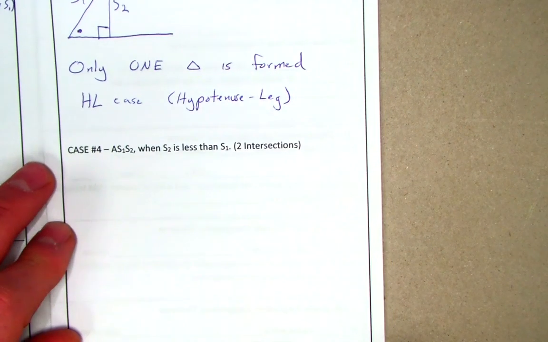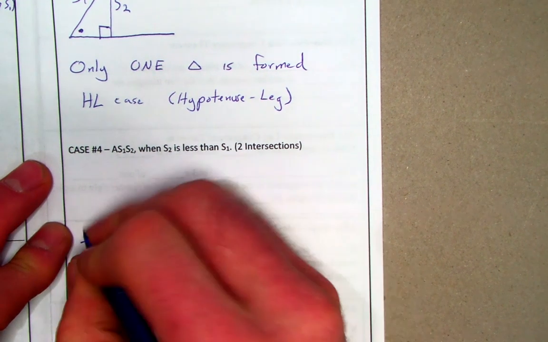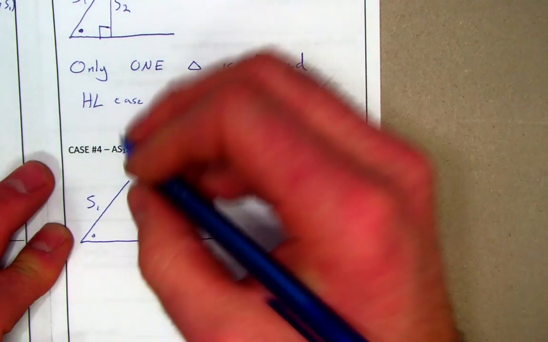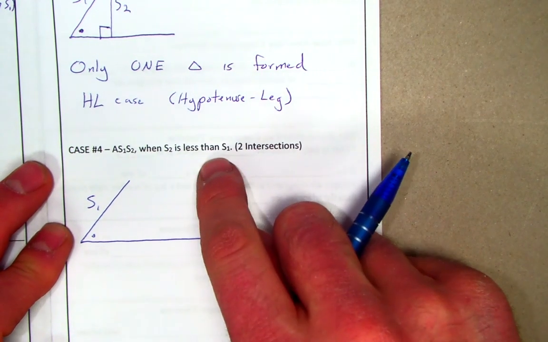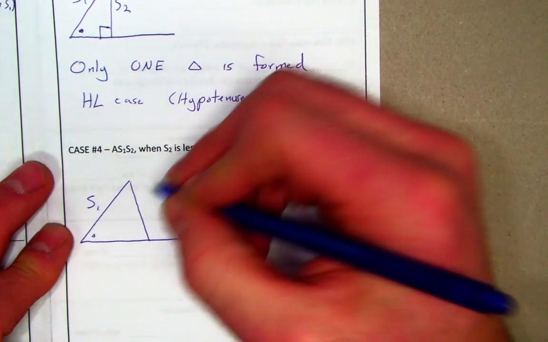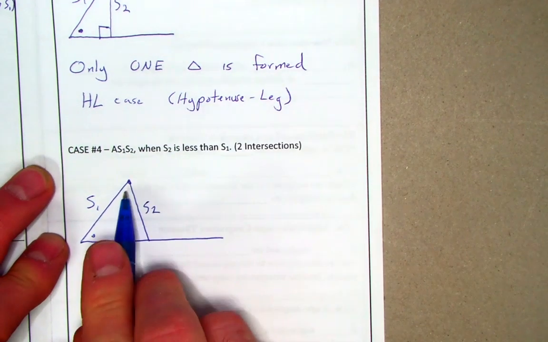Okay, and then our last case. This is the swinging leg case where we have an angle, side 1, and in this case, side 2 is going to be shorter than side 1. But we could swing or pivot at that vertex.